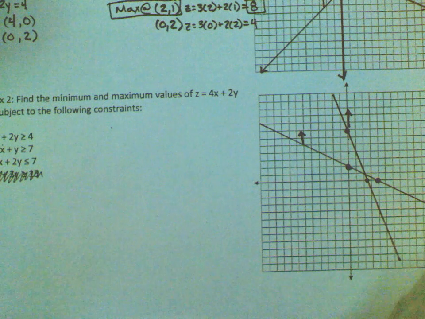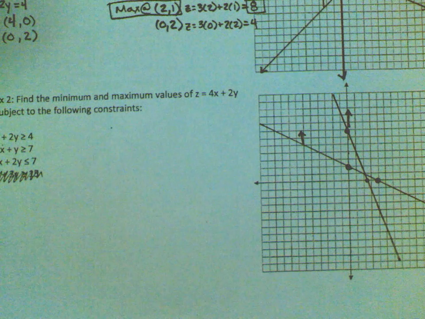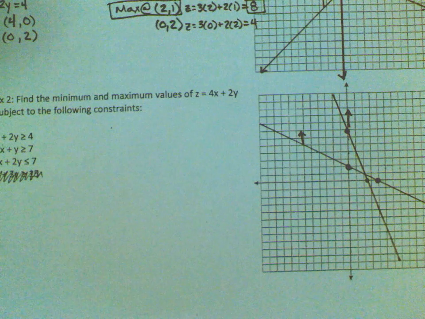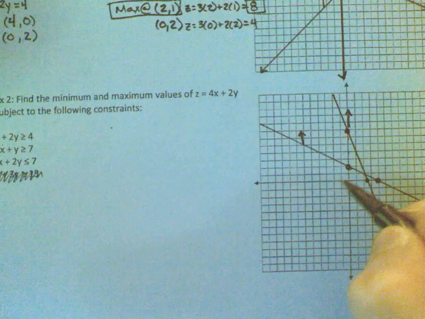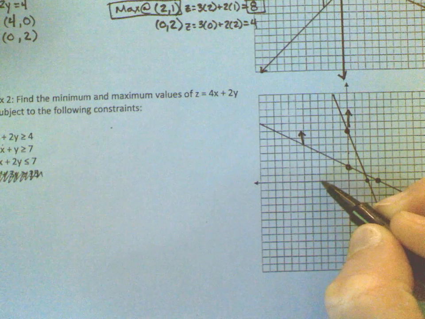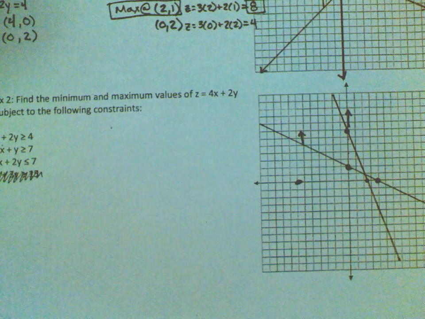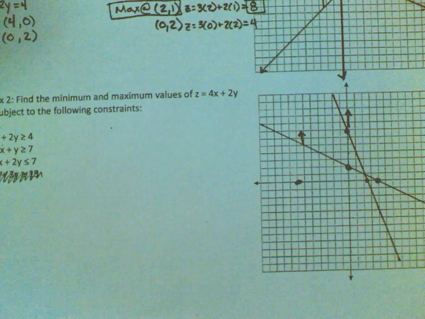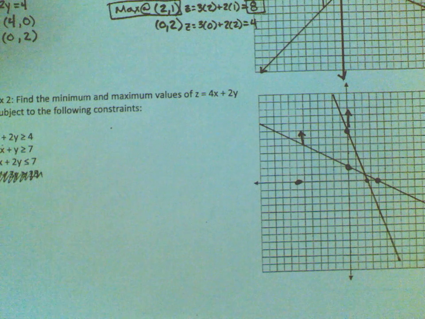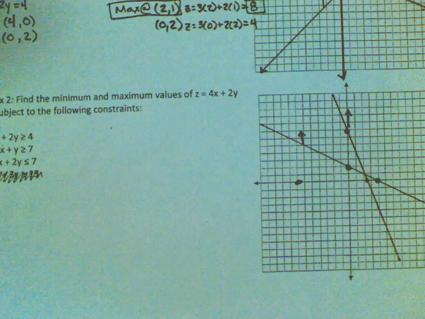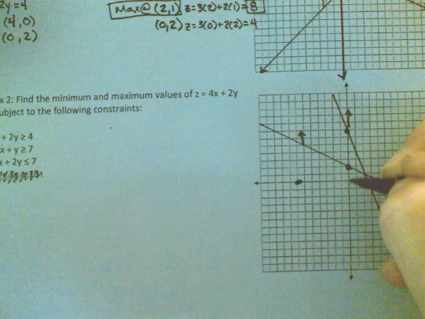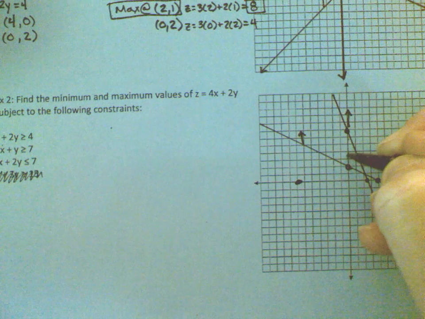Okay. Last one. What's your x-intercept? -7. So we're going to go 7 to the left. And my y-intercept? 7/2, which is 3.5. No big deal. We'll go up 3.5.